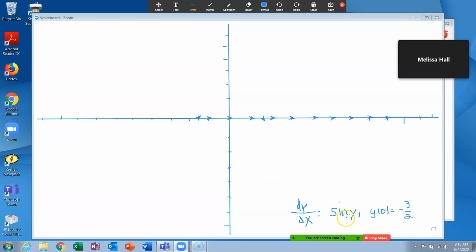If this is sine y, first, when y is equal to 0, these are all 0 slopes here. Maybe I have to go back to arrow. That should be a 0 slope.